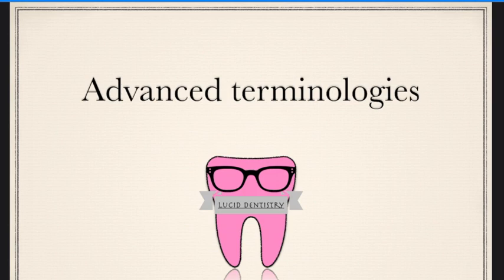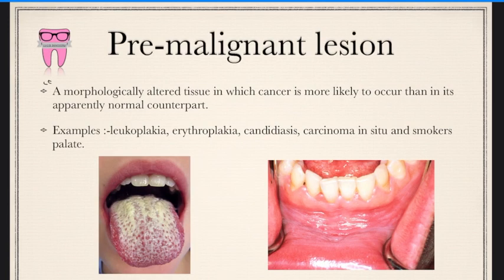Today we are going to concentrate on some advanced terminologies in oral pathology. So first, let's look into the word pre-malignant lesion. Pre means before or previous, and malignant means cancerous, and lesion, I have described this term in detail in my previous lecture.